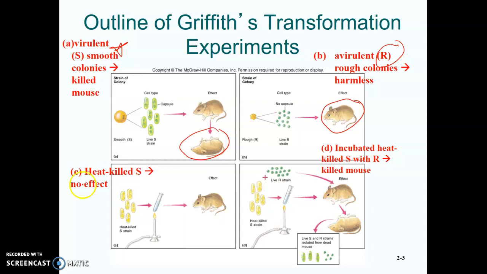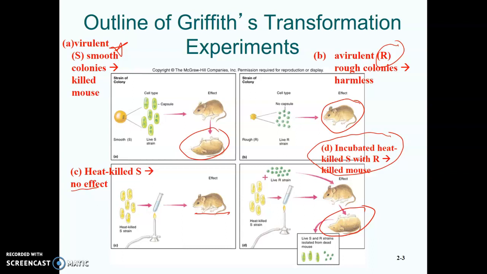Then he heat killed the S strain and discovered the mouse lived. So when he then incubated the heat killed S with the live R colonies, the mouse ended up dying. That told him that something was being transferred from the heat killed S strain into the live R strain.